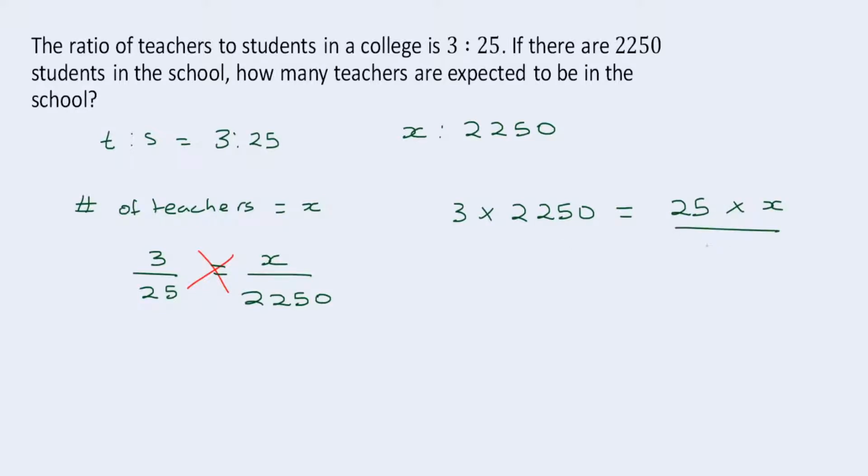We're going to divide both sides by 25, and 25 goes in 25 one time, so 25 divided by 5, we have 5. 2250 divided by 5, let's do that. 22 divided by 5, we have 4 times. 4 times 5, we have 20.